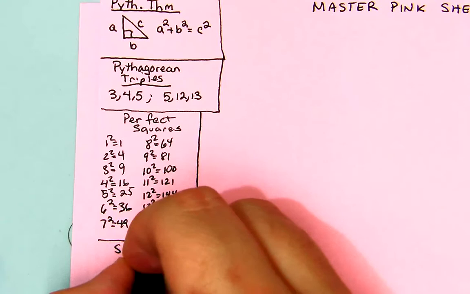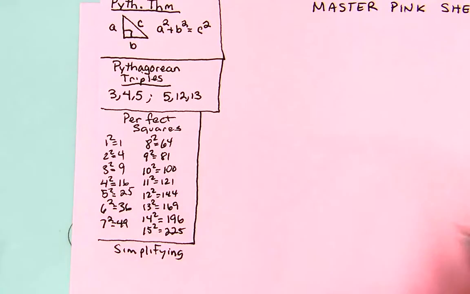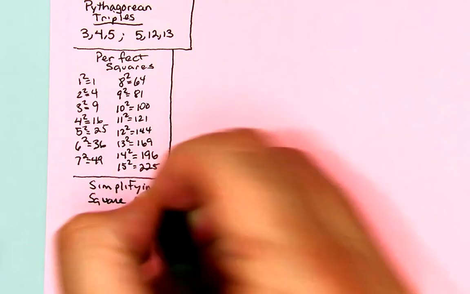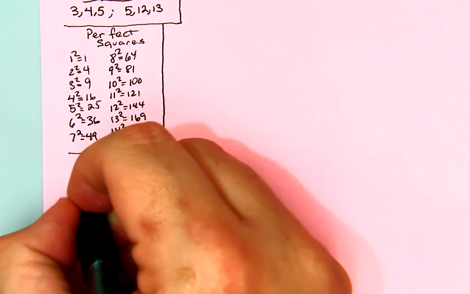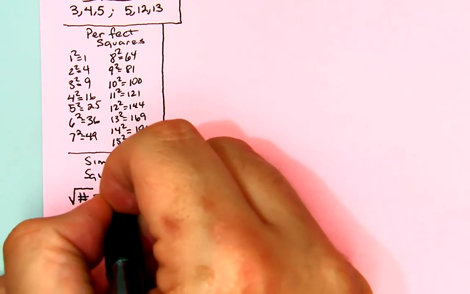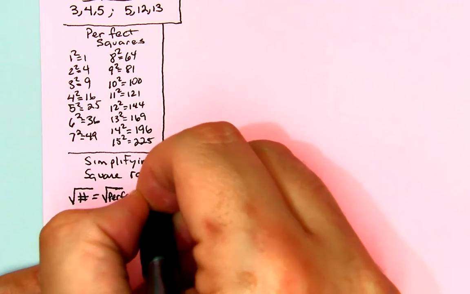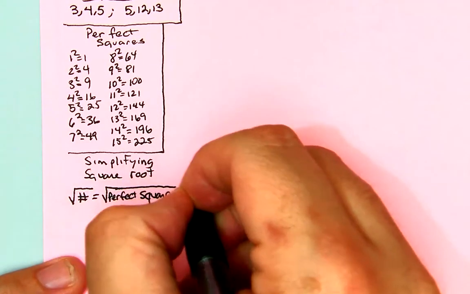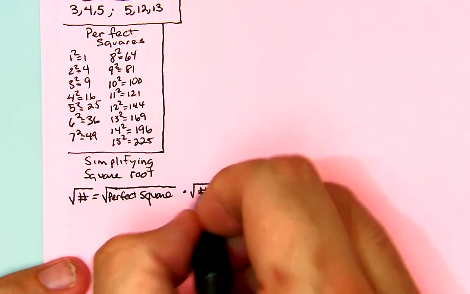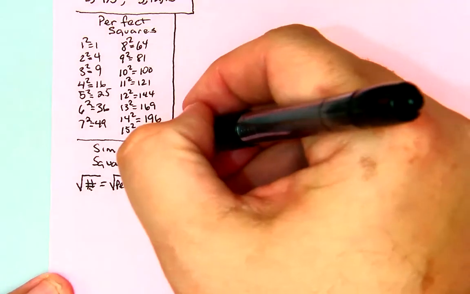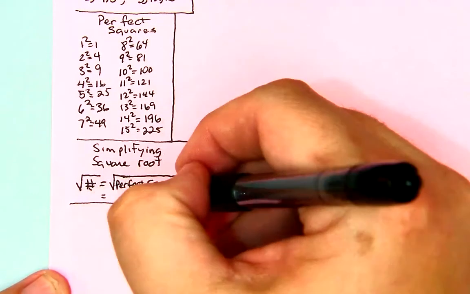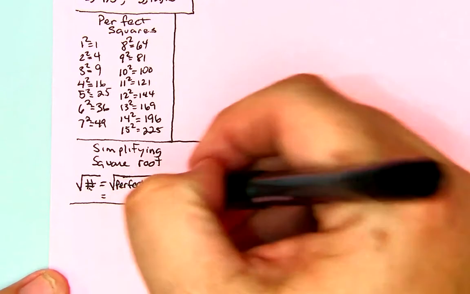Now simplifying a square root, you're going to take the square root of a number, and it's going to be equal to the square root of a perfect square times the square root of a number, where the perfect square times the number is equal to that number in there, that radicand in there, and then it equals a number times the square root of whatever number's left over after that.